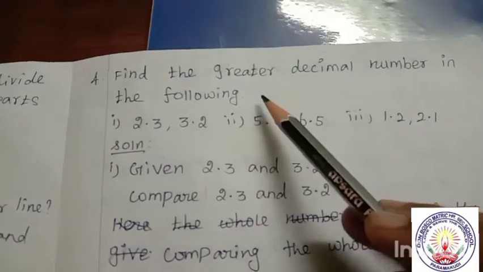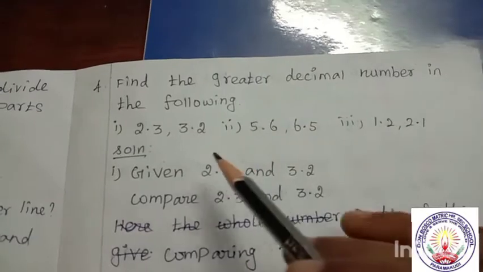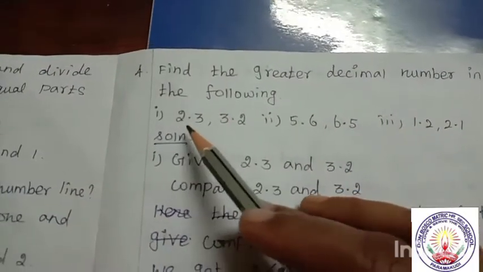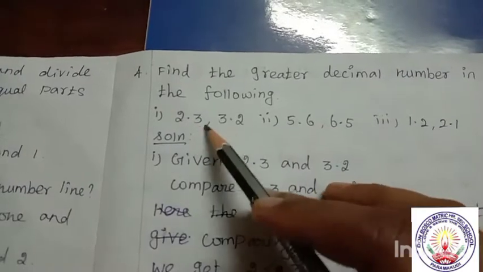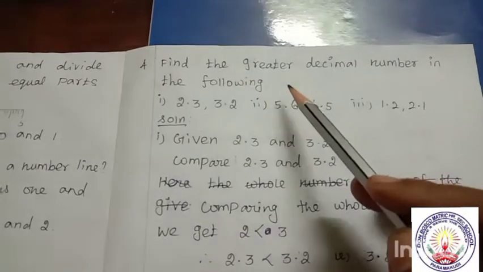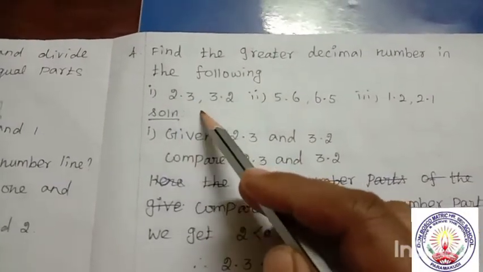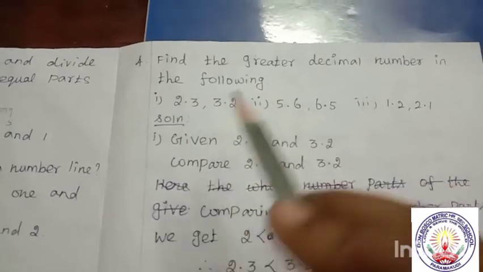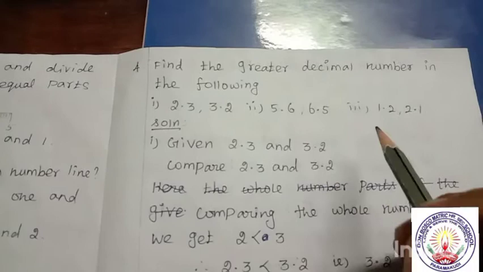Next, find the greater decimal number in the following. First one, 2.3 and 3.2. Find the greater decimal number. First of all, you compare 2.3 and 3.2.